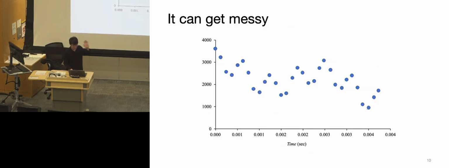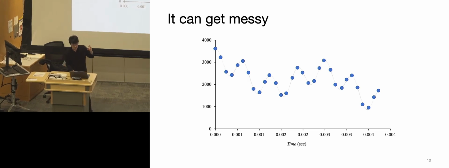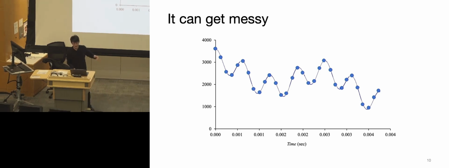Yeah, and it can get messier than this. For example, this one. It's going to be very hard to tell which frequency this is generated from if we just connect everything together. This is actually 100 hertz plus 400 hertz, and then a 1.6 kHz signal laying on top of each other, and then it's sampled at, I believe, 4,000 hertz.